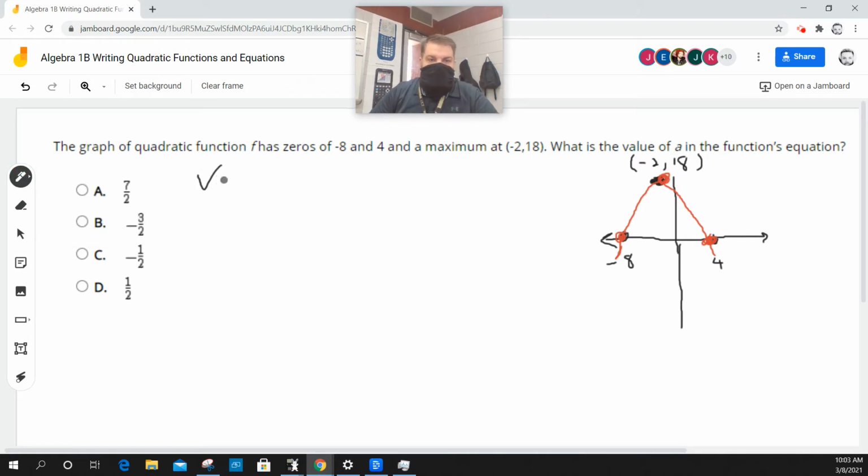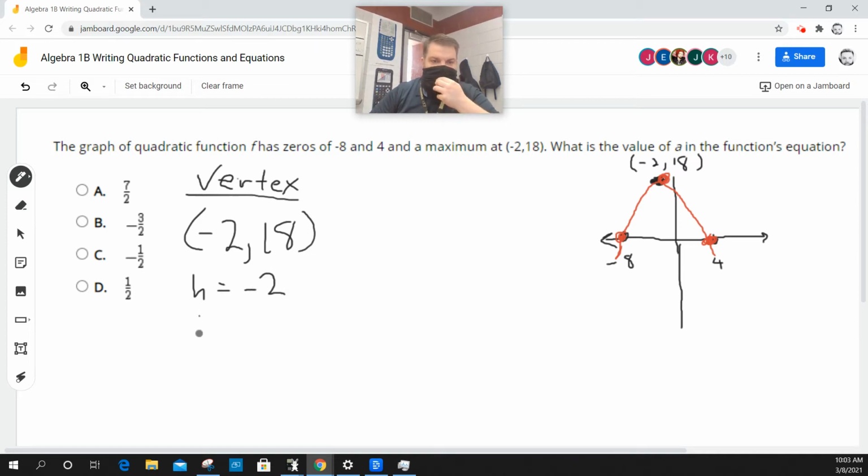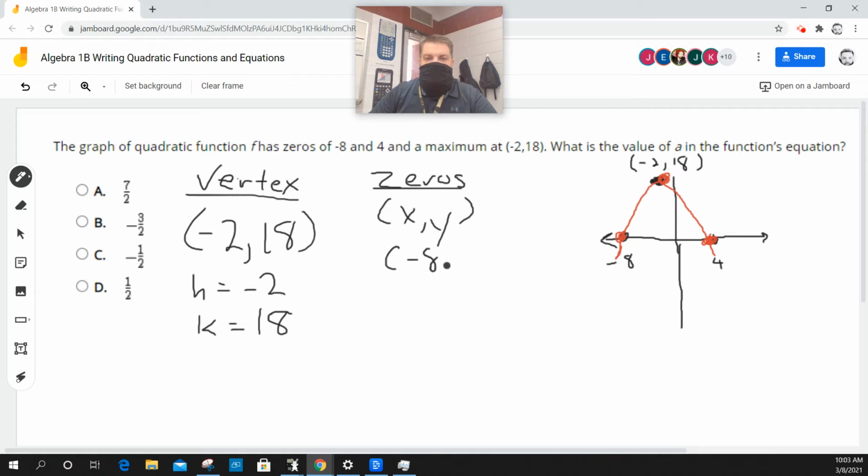So what do I know? Well, I know that the vertex is -2 comma 18. That means that my h value is -2 and that my k value is equal to 18. I know that I have zeros, which are an x comma y value of -8 comma 0 and then 4 comma 0.